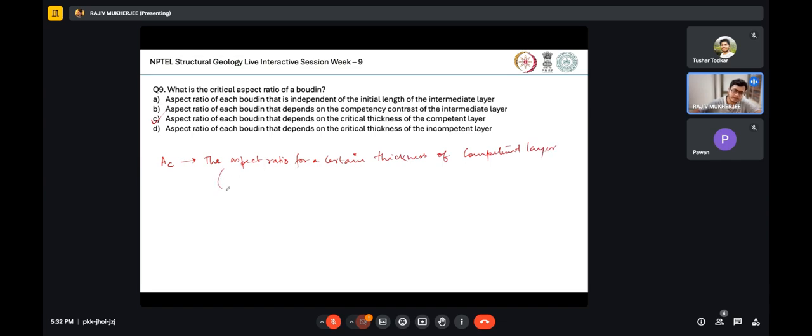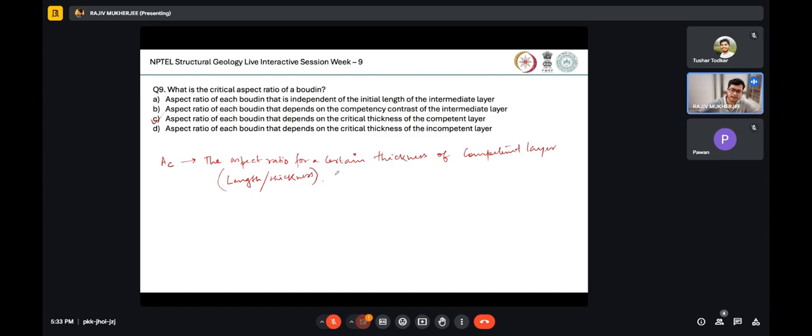So what is aspect ratio? Basically, it is the length by thickness, right? So this is the aspect ratio of the Boudins.